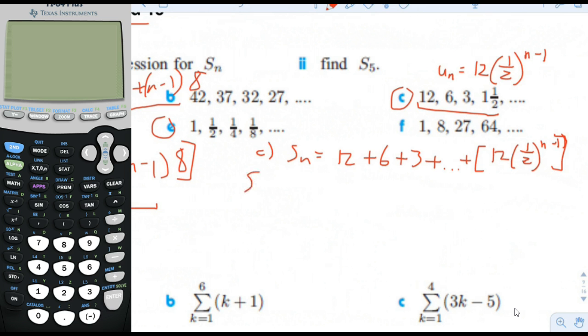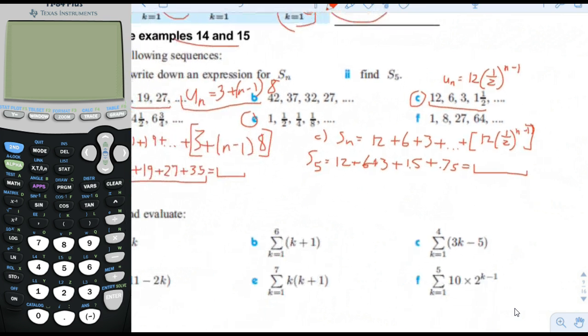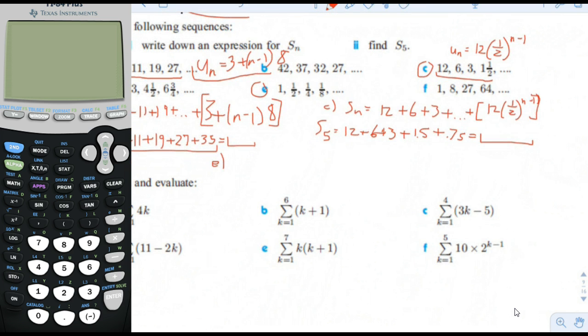And then to find S sub 5, we would add 12 plus 6 plus 3 plus 1.5 plus 0.75, right? And then you would do that on your calculator and it tells us the answer. E. So E looks like the general term would be 1 times 1/2 to the n minus 1, right?